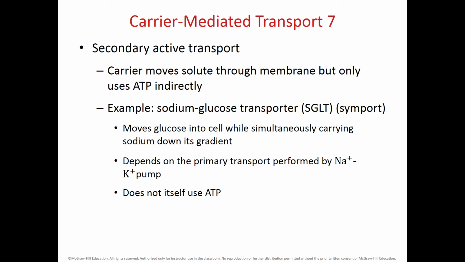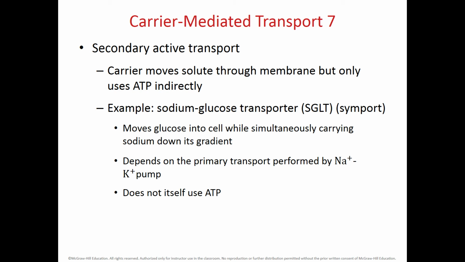Now for secondary active transport, you have a carrier that moves the solute through the membrane but only uses ATP indirectly. An example is the sodium-glucose transporter, or SGLT, which is a symport. In this case, you grab a molecule of glucose and a molecule of sodium at the same time, and you move them down their concentration gradient.